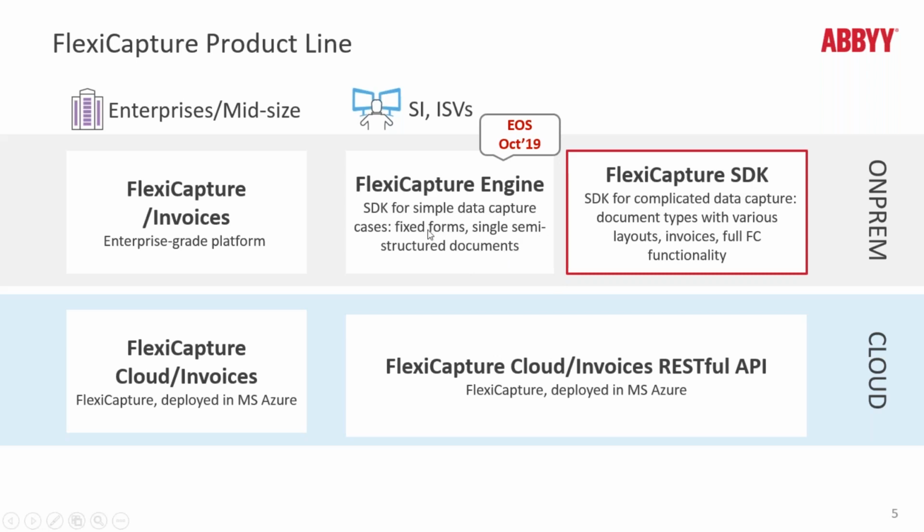FlexiCapture Engine was extending the functionality of our other SDK, FineReader Engine. In that case, it was geared more towards simple data capture, fixed form, single, less complex semi-structured documents. FlexiCapture SDK is opening up all the functionalities you see with our FlexiCapture offerings. So those complex documents and repeating groups, etc.